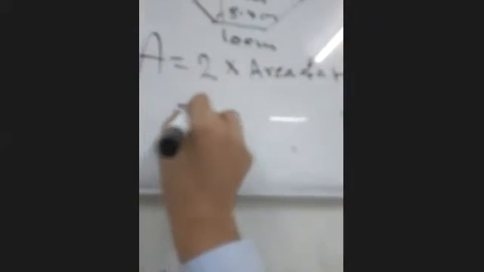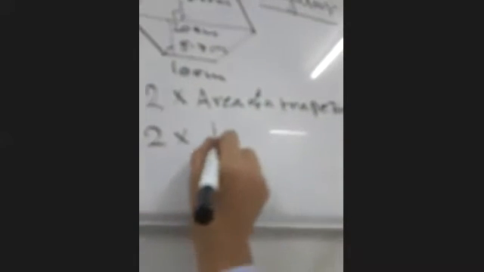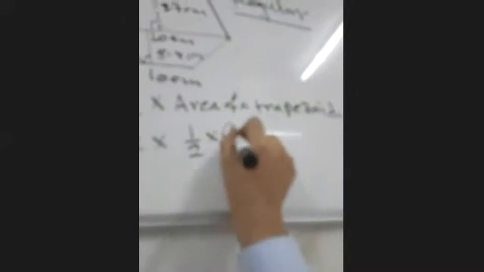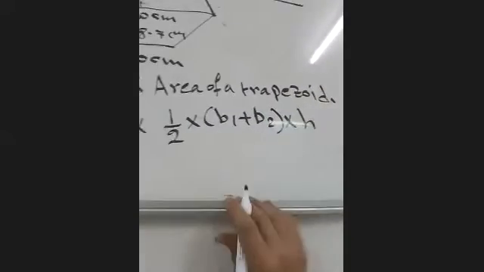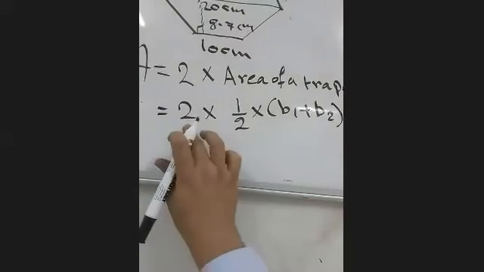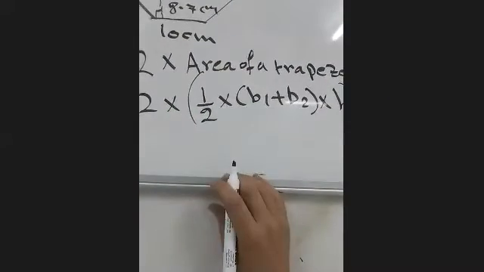Now A equals 2 multiply. You told me the area of the trapezoid. Repeat it, the formula. Yes, A equals half multiply B1 plus B2 in brackets, multiply the height. Don't forget this too. And this is the area of the trapezoid, right?